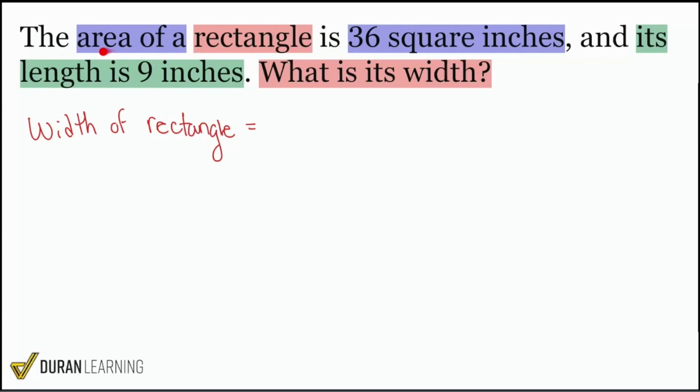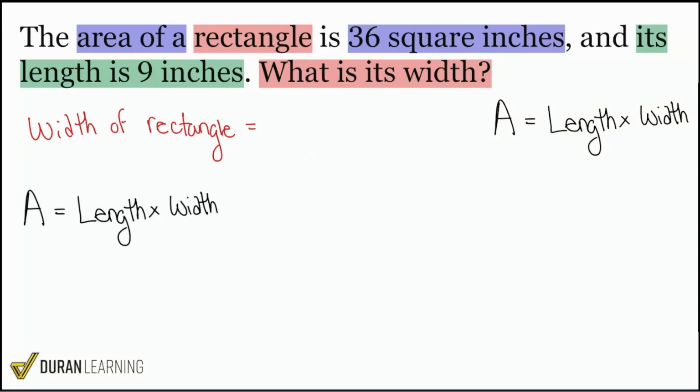I know I'm looking for the width. I have the area of the rectangle. I have the length. And again, I'm looking for the width. When it comes to rectangles, the formula that should come to mind is area equals length times width. That is our formula all the way. So with that said, let's go ahead and write our formula down and fill in what we have.